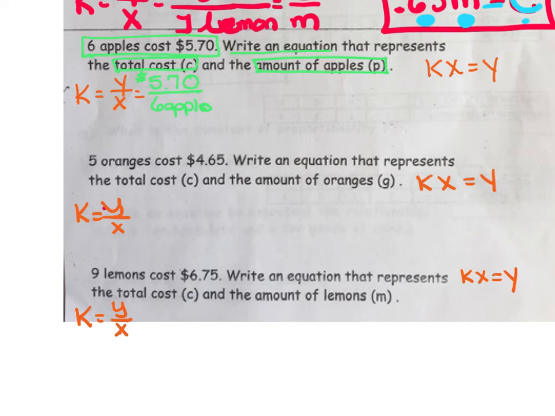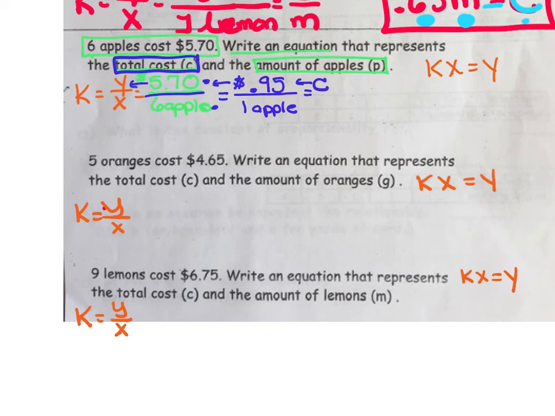Punch into your calculator 5.70 divided by 6. We need to come up with the unit rate, or the cost per one apple. You should get on your screen 0.95, or 95 cents per one single apple. Clearly, cost is on top, which is equivalent to our Y variable.